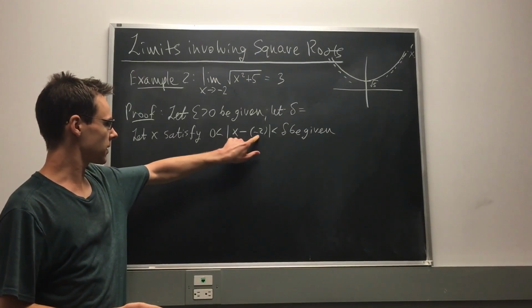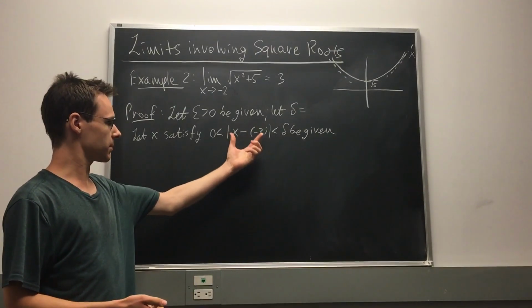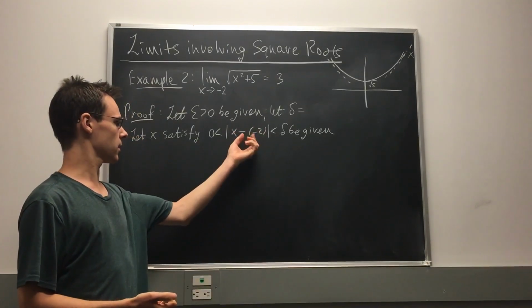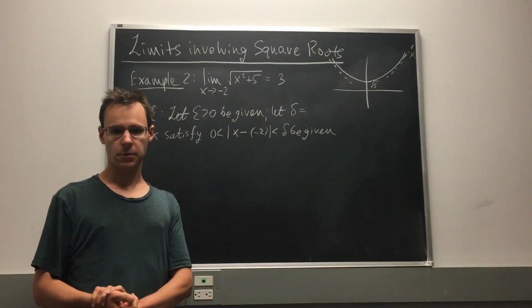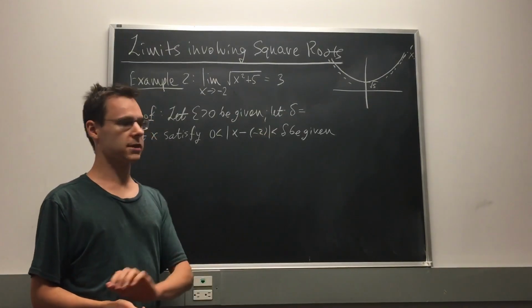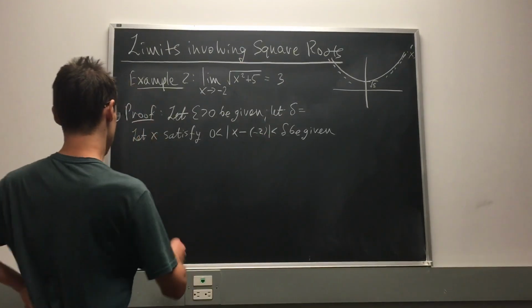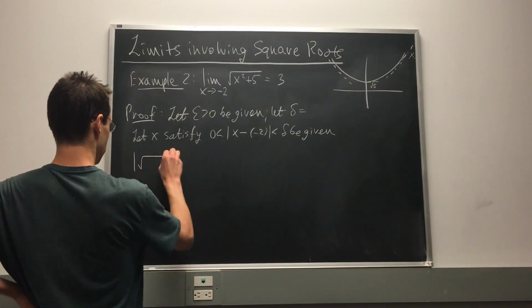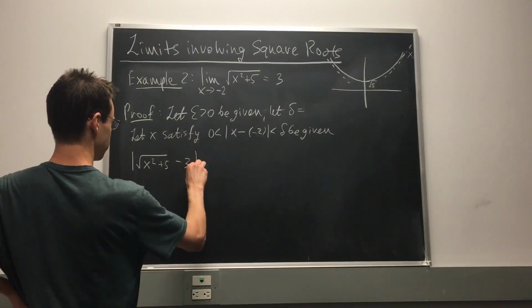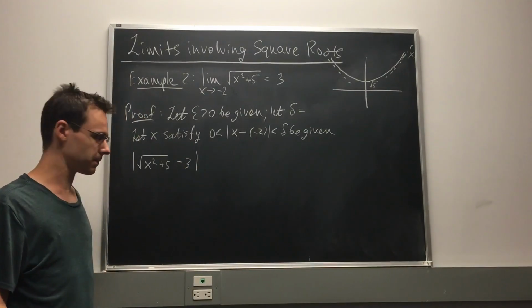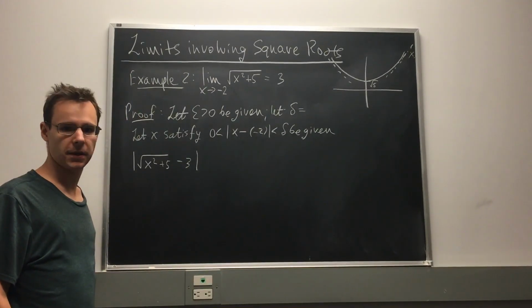So x is satisfying this inequality. I plugged in the -2 in here, so this will be an x plus 2, when the negatives cancel. So let's begin the proof, and we're going to try to look for the x plus 2 this time. So, root x squared plus 5 minus 3 in absolute values. We're going to do the same thing as we did before.